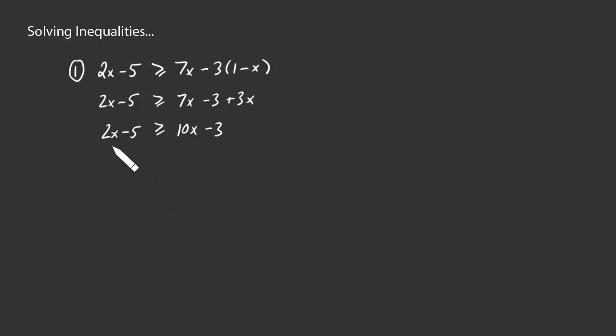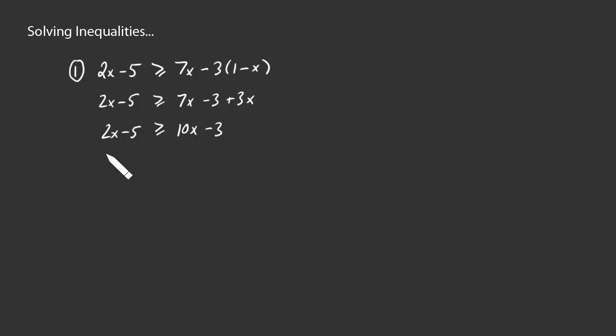Okay, now the two occurrences of x that are left are on opposite sides of the inequality, and we can get them consolidated into a single occurrence if I kill off one of these guys by subtracting it from both sides. We can subtract 2x from both sides, we could subtract 10x from both sides. Both of those would have the desired effect.